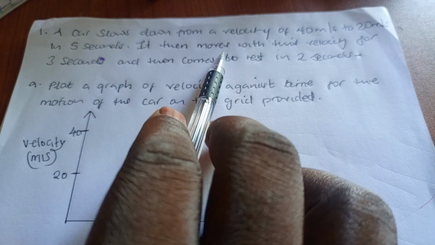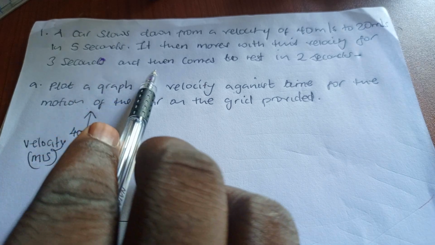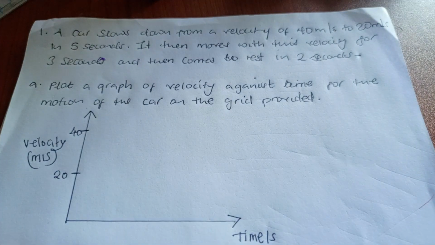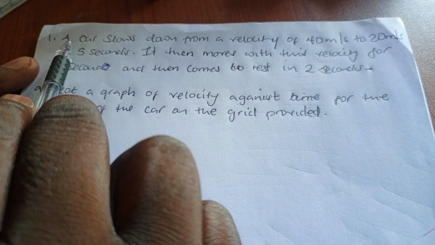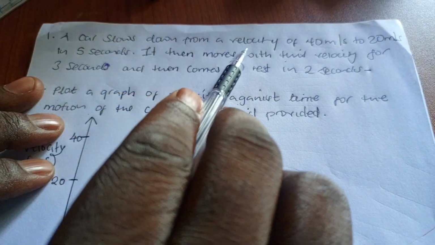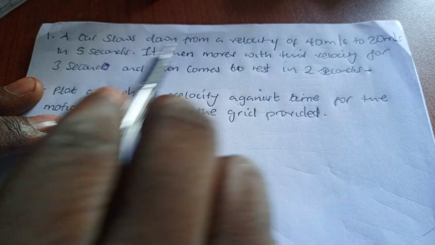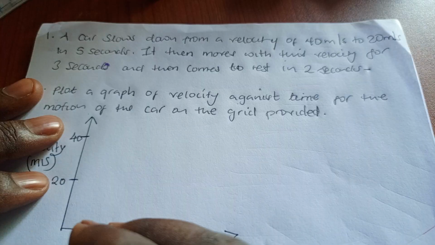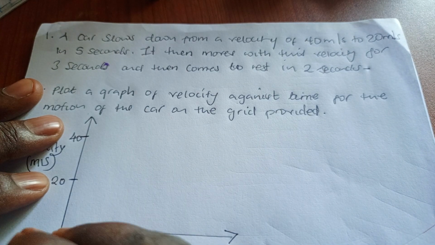It then moves with this velocity for 3 seconds and then comes to rest in 2 seconds. I'll repeat the question again. A car slows down from 40 meters per second to 20 meters per second in 5 seconds, which means the time here is 5 seconds from 0.